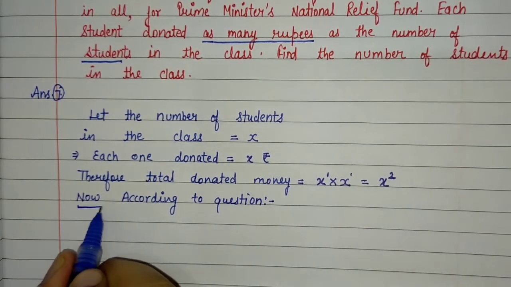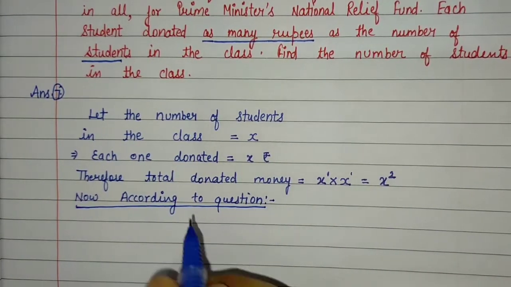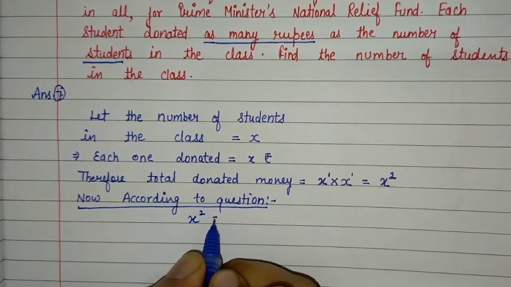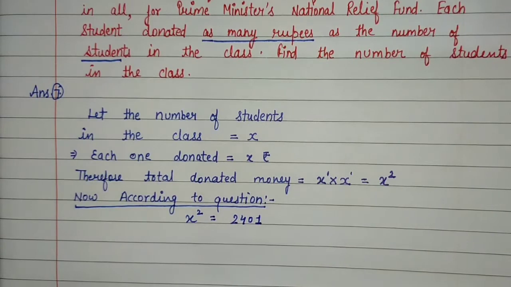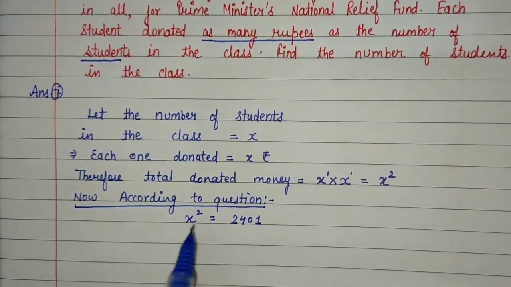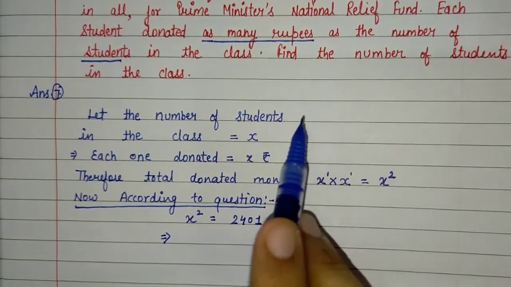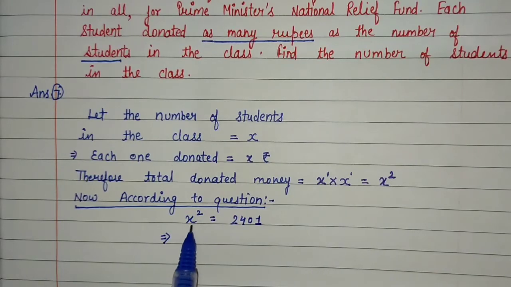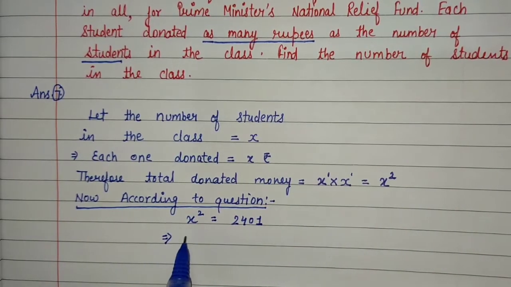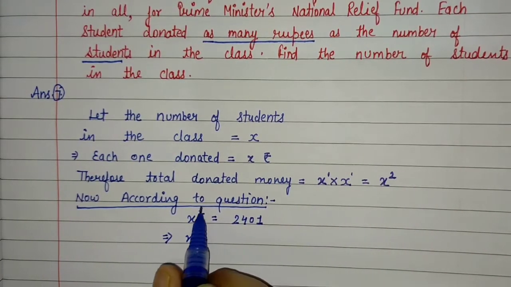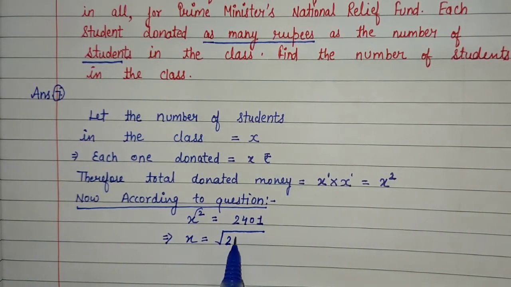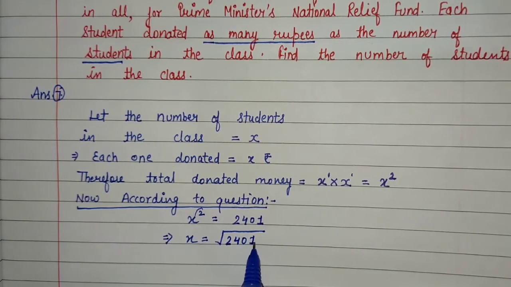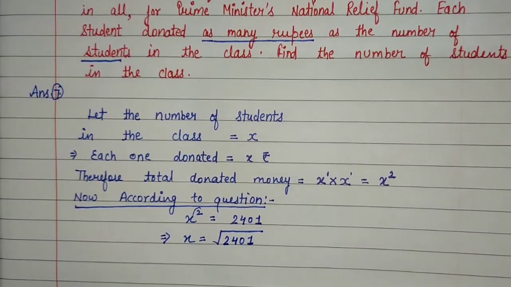So we write: according to the question, x square is equal to 2401. Now we have to find the value of x, but here it is x square. So when you transpose this square to this side, it becomes the square root of 2401.